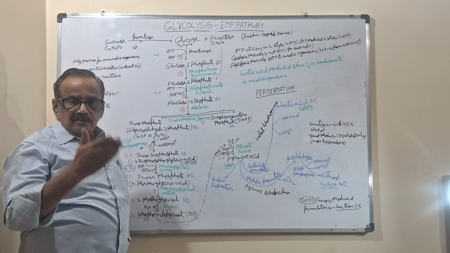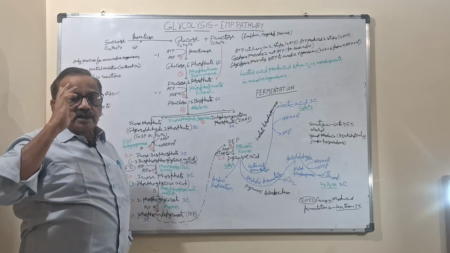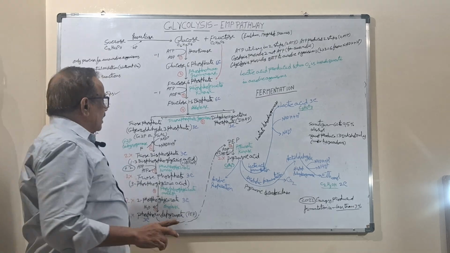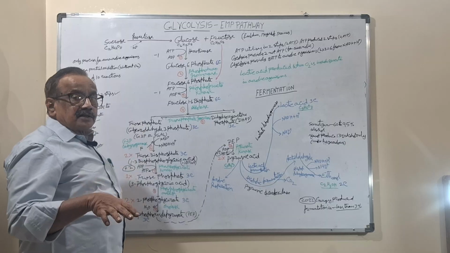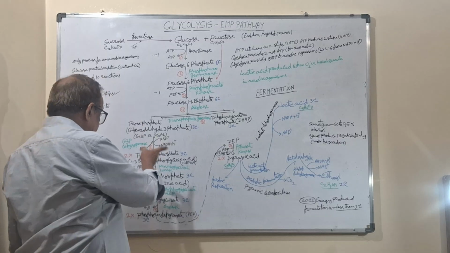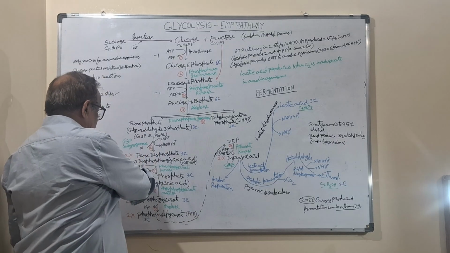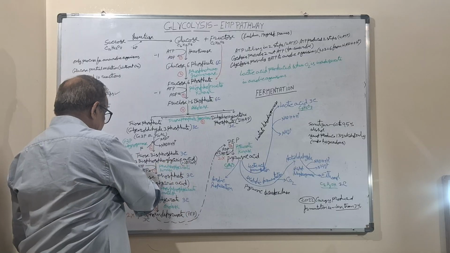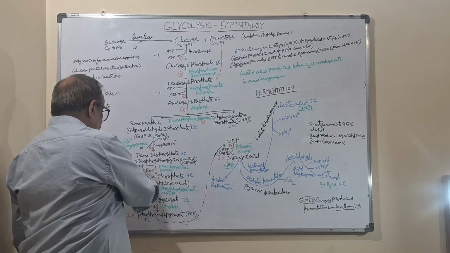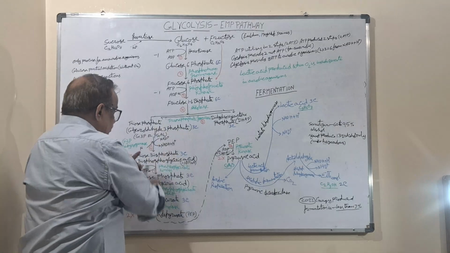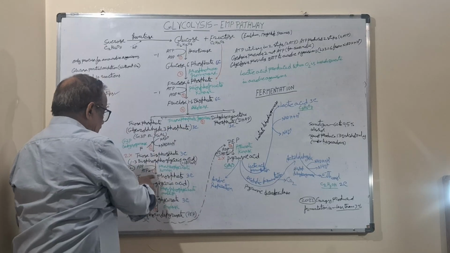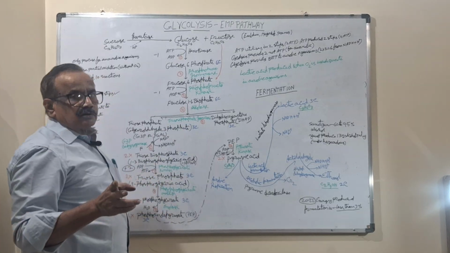And how many ATP are produced? 1,3-bisphosphoglyceric acid converting into 3-phosphoglyceric acid, 1 ATP is produced, but it is happening twice, so 2 ATP are produced.